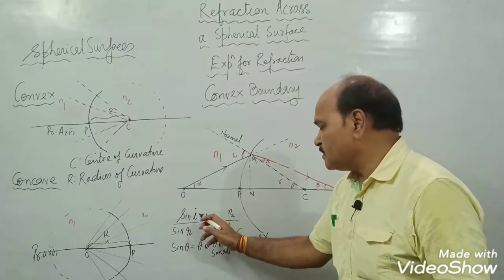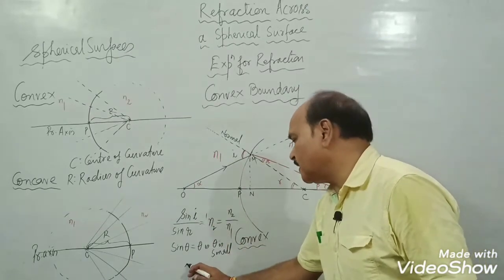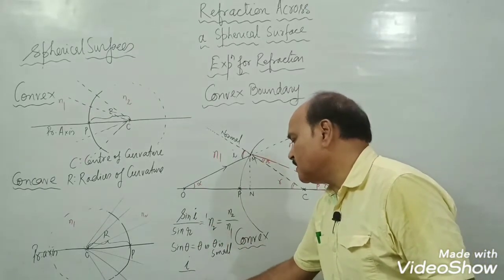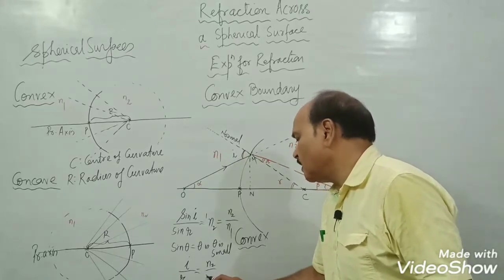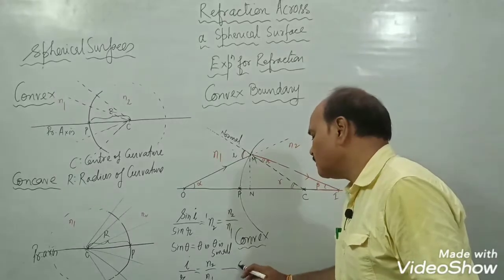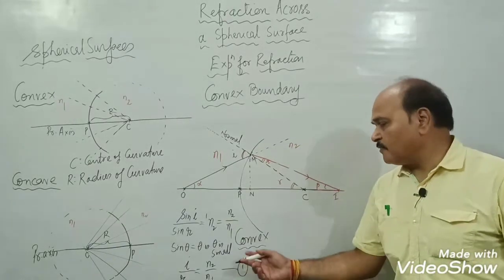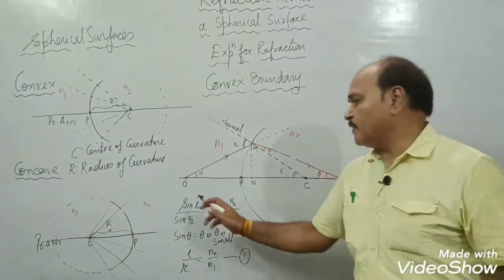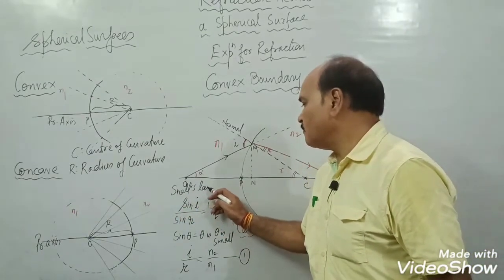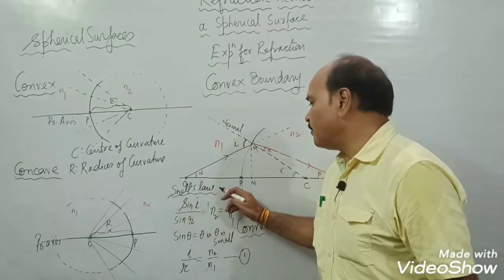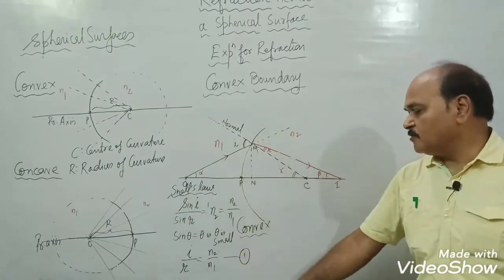Since I and R both are small, sin I is I, sin R is R, and that is equal to N2 upon N1. This is the result of Snell's law of refraction. So when we apply Snell's law, we get I upon R as N2 by N1.